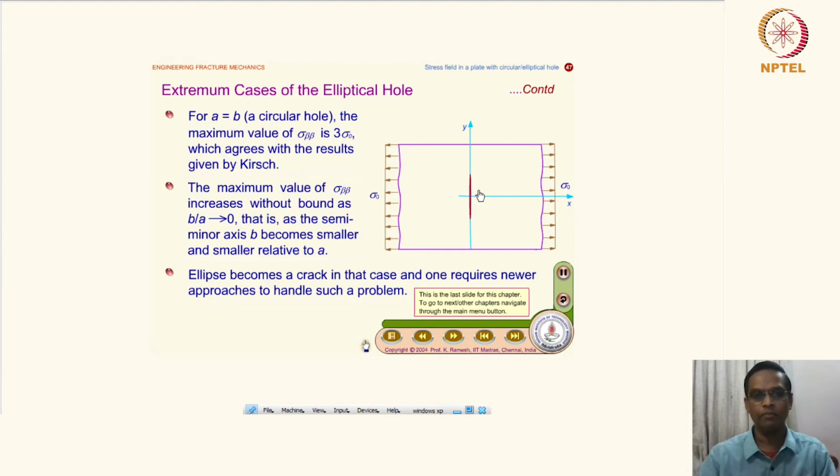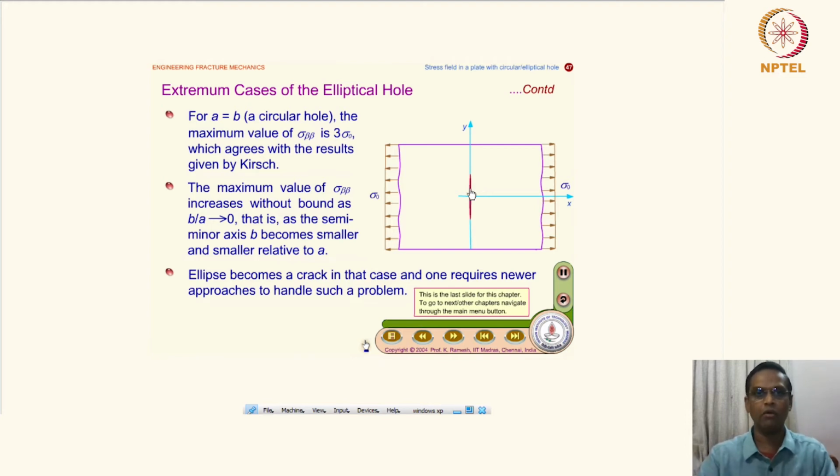You can think of interpretations. One is that the stresses are very high, so even with a small applied load, things can break into pieces. Such things never happen. The next possibility is that the stresses are very high, exceed the maximum, and reach the yield stress of the material.